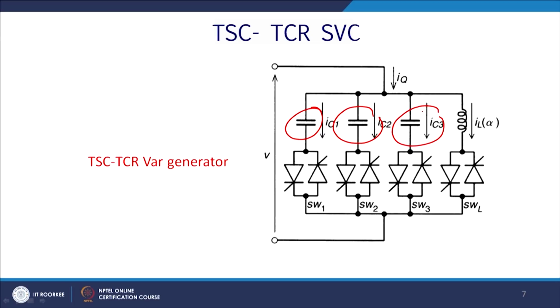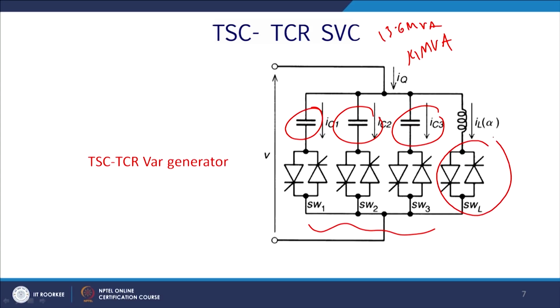Accordingly it will increase the VAR compensation, and whatever the negative portion comes. Let us say there are 7 such branches, so that will be 14 MVA capacitive, and we require 13.6 MVA. So, 0.4 MVA will come from this TCR.